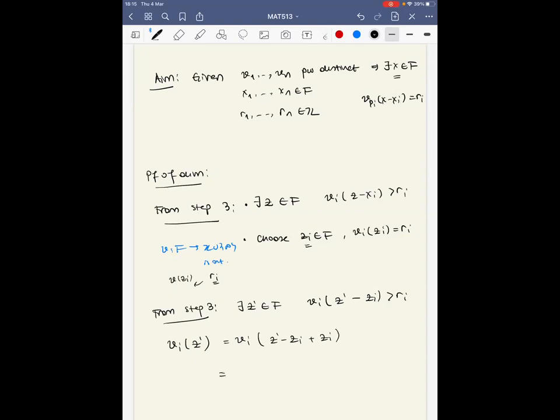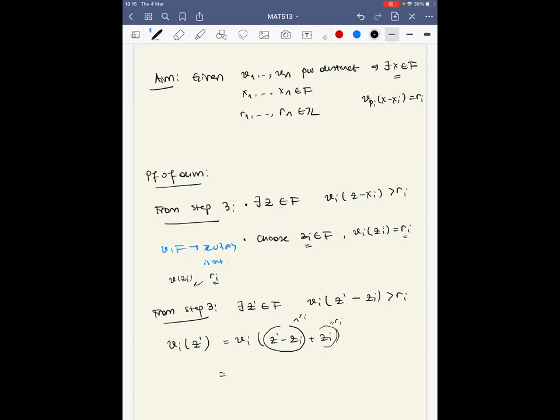and here the valuation of this term is bigger than ri, and the valuation of this term is equal to ri because zi are chosen with respect to these integers, so they don't have the same values under the discrete valuation map.